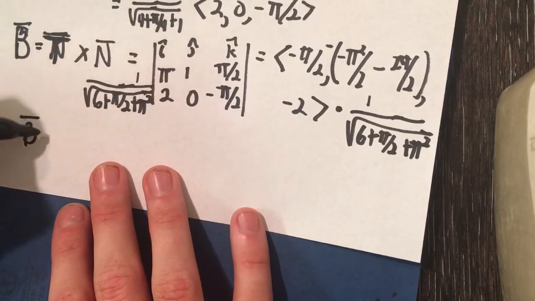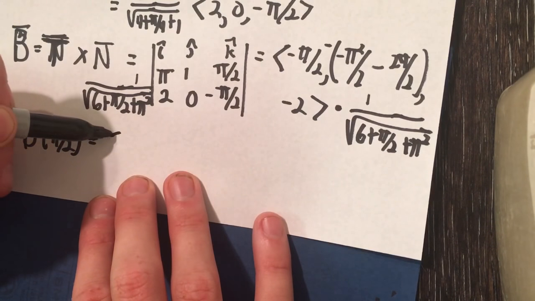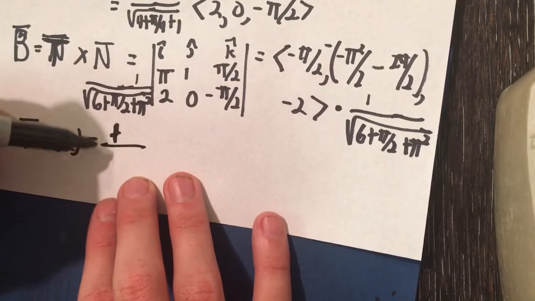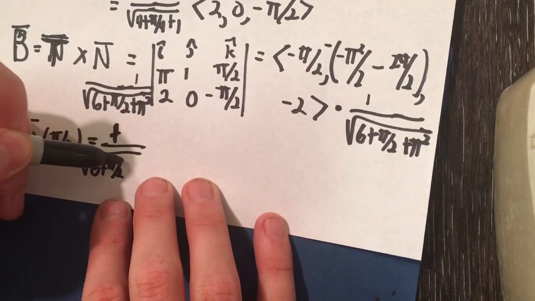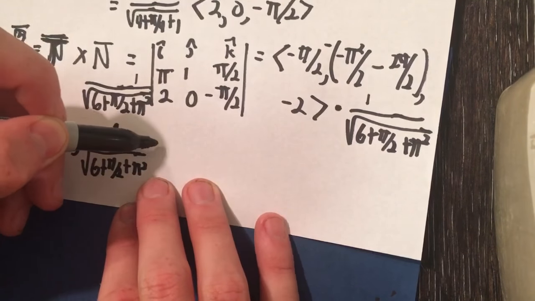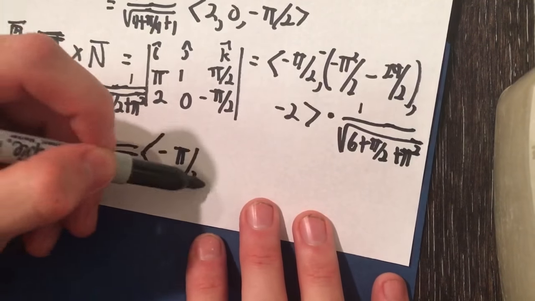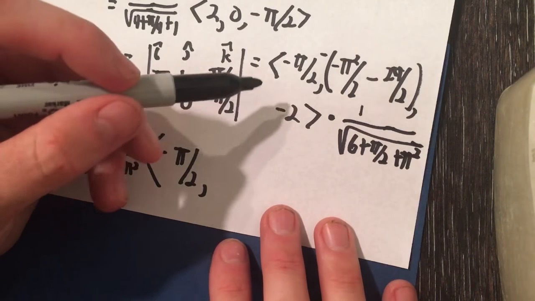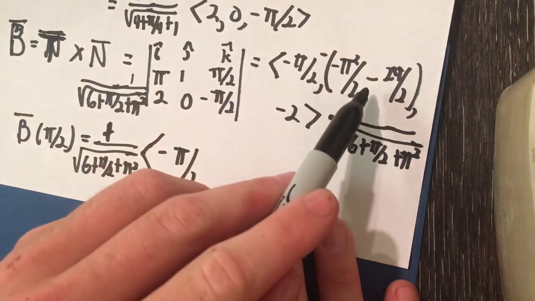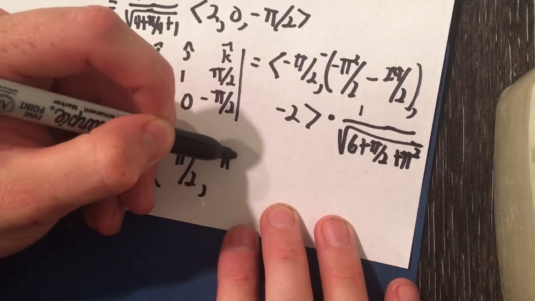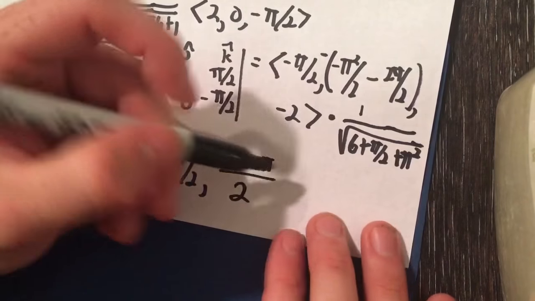Okay. So let me write that a little neater. Our binormal vector at pi over 2 is equal to the quantity 1 over the square root of 6 plus pi over 2 plus pi squared, times the vector negative pi over 2. And then if I multiply this out and combine them, I would get pi over 2 plus 2 pi, or pi squared plus 2 pi over 2.